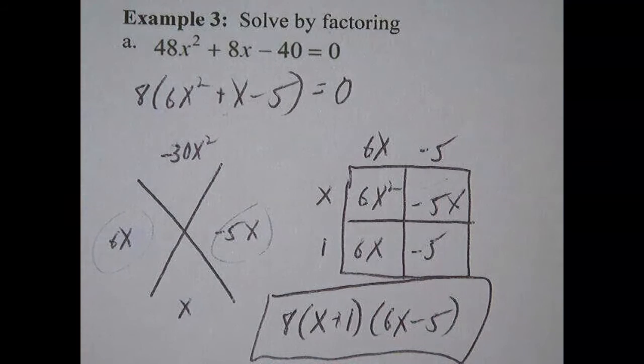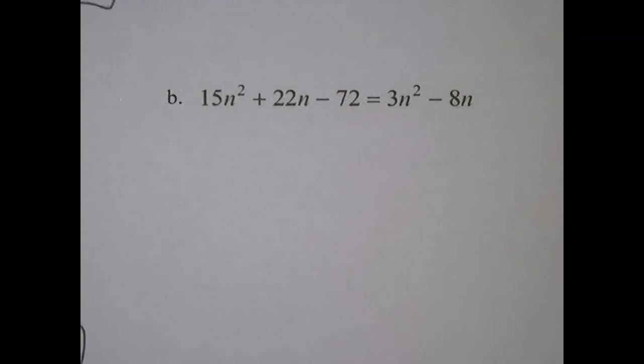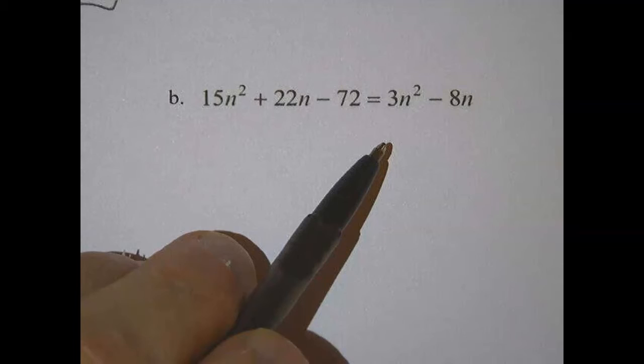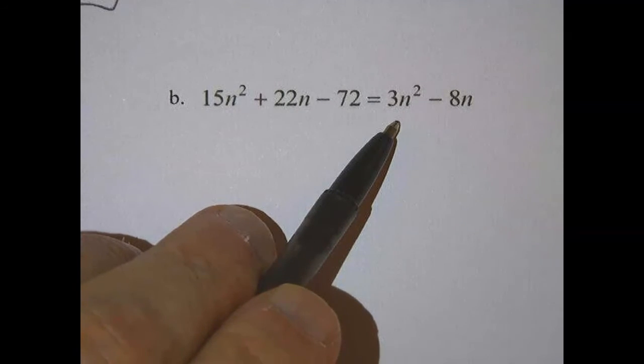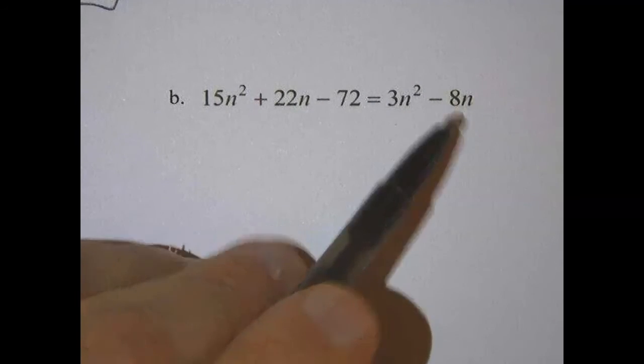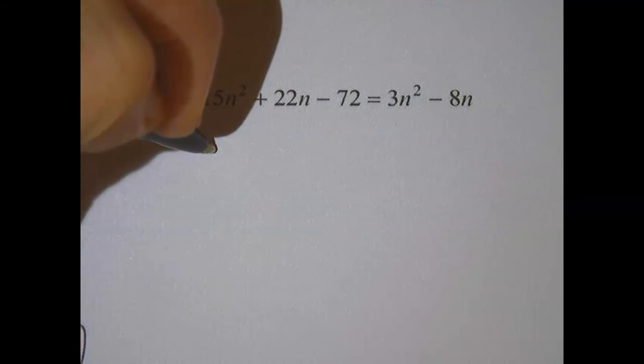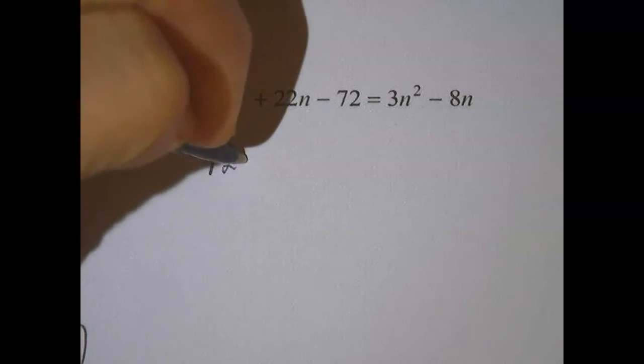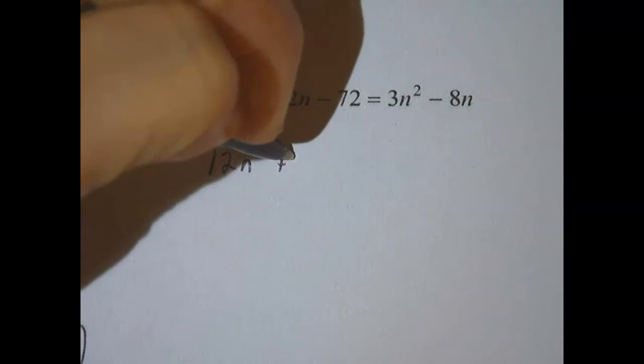Okay? Let's do the last one by grouping again, just kind of to mix it up a little bit. So let's solve this equation by grouping. Let's first set everything equal to 0. So I'm going to subtract the 3n squared from both sides, and I'm going to add the 8n to both sides. So I get 12n squared plus 30n.